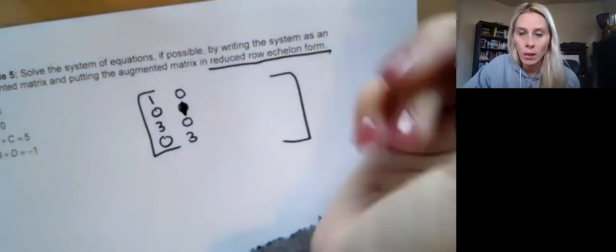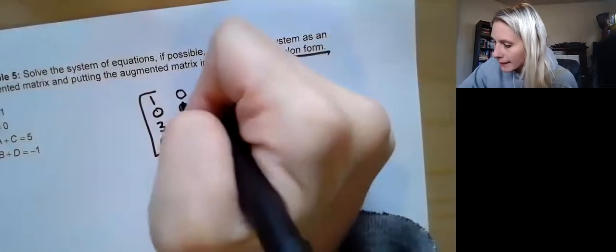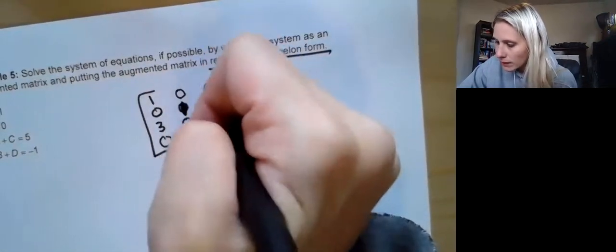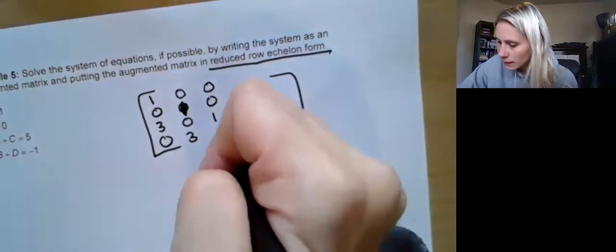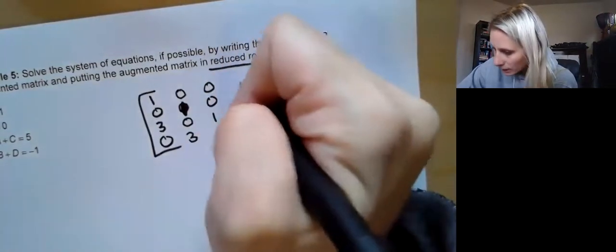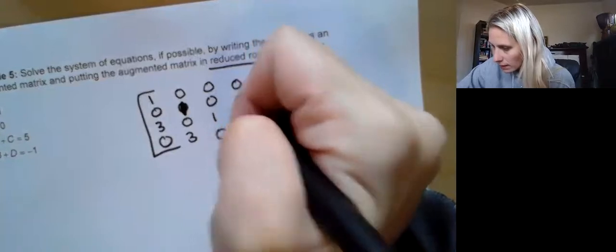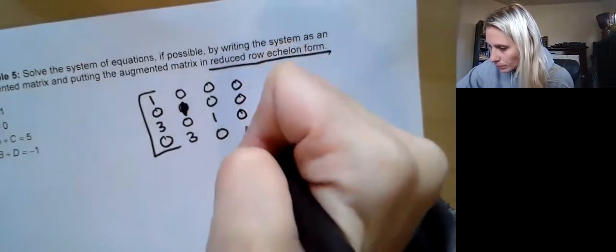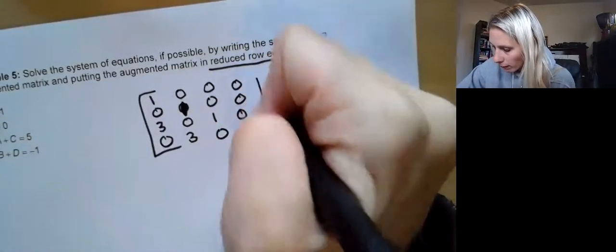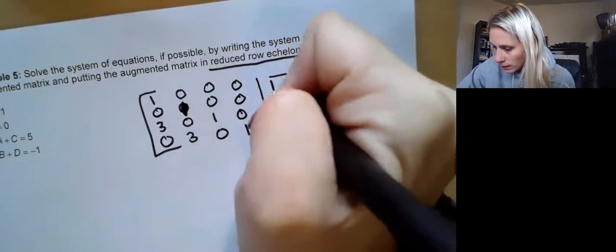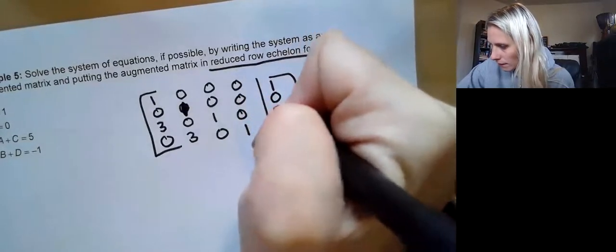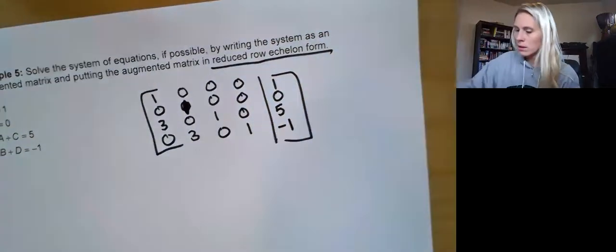Because there's 1 B there. What was I thinking? C, 0, 0, 1, 0. D, 0, 0, 0, 1. And then we have what it equals, which is 1, 0, 5, -1.